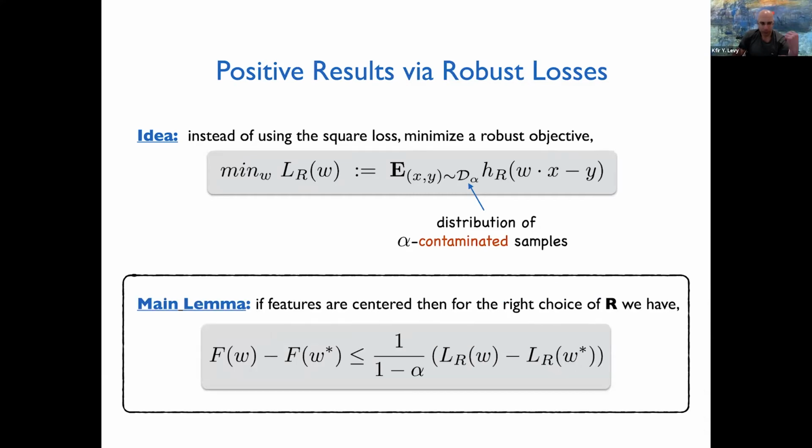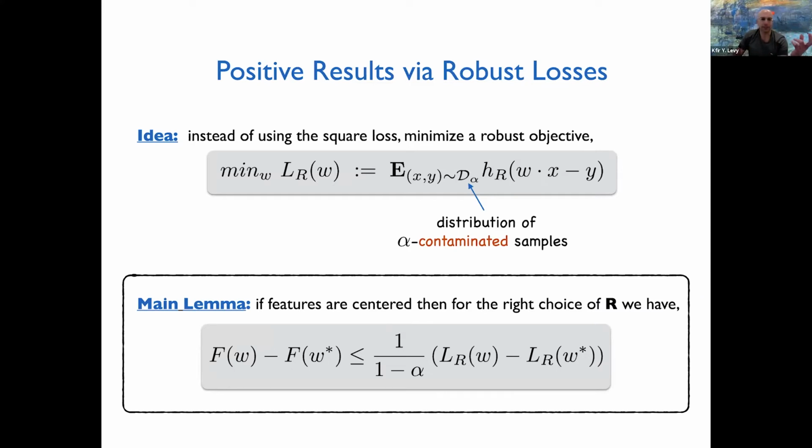One of the main lemmas in our paper says that if the features are centered, then for the right choice of R, we can show the following inequality.